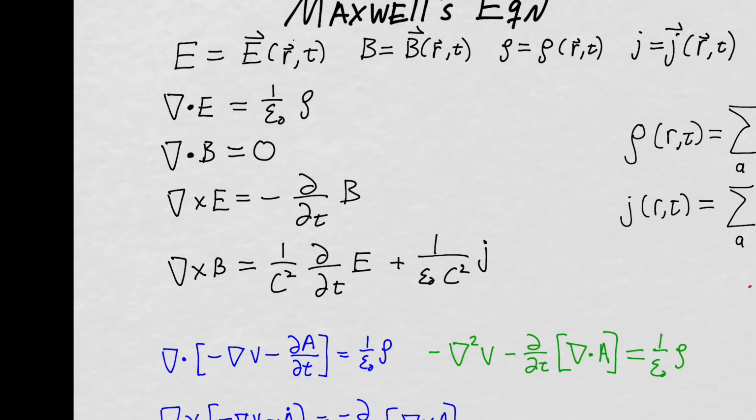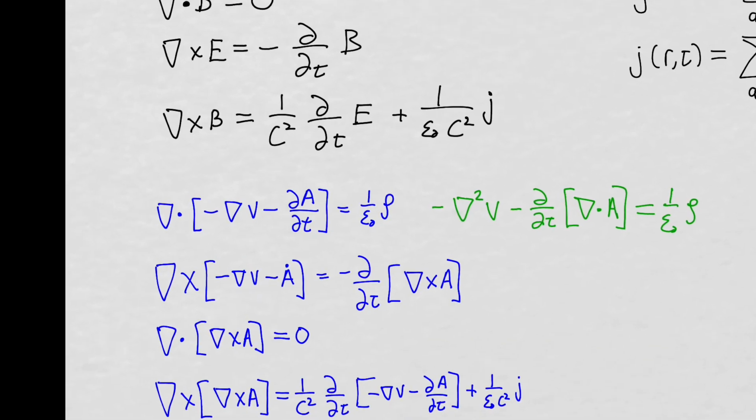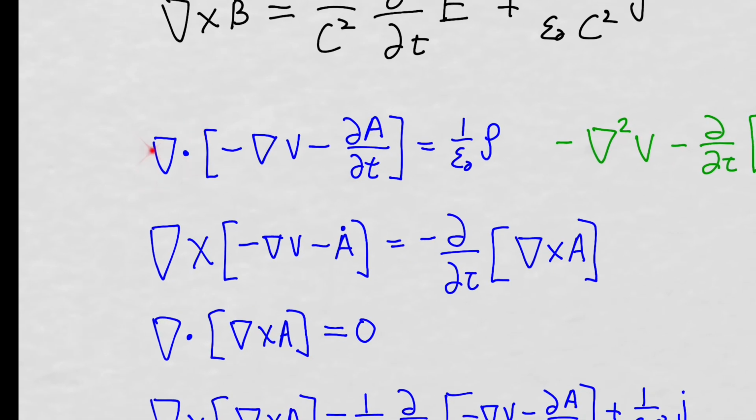So the divergence of E is 1 over epsilon naught times the charge density. So here we write that down. The divergence of E, this is E now, right? This is the potential formulation for E right here. And voila, we just have to calculate the divergence of a gradient.